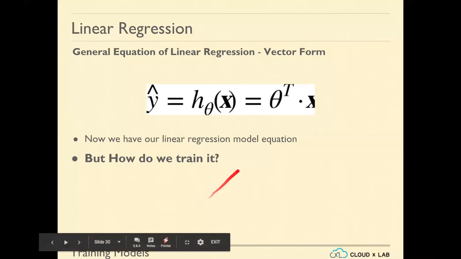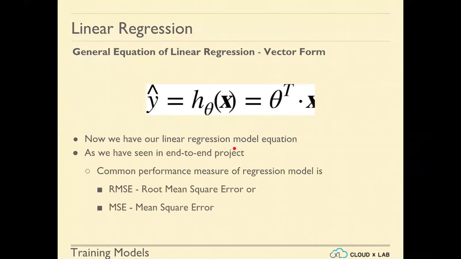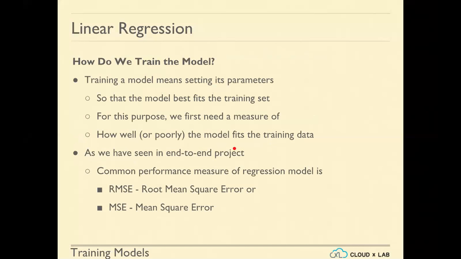Now, we all agreed that we need to find these thetas, we need to start predicting. Now, question is, how do we find the values of thetas? Given X and given Y's, how do we find out the value of thetas, which will start predicting the values which are closer to the original? So how do we train the model?